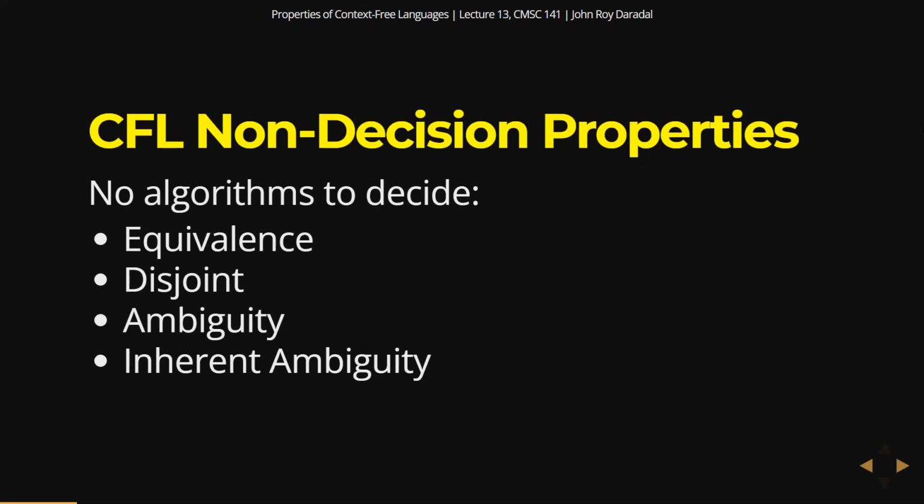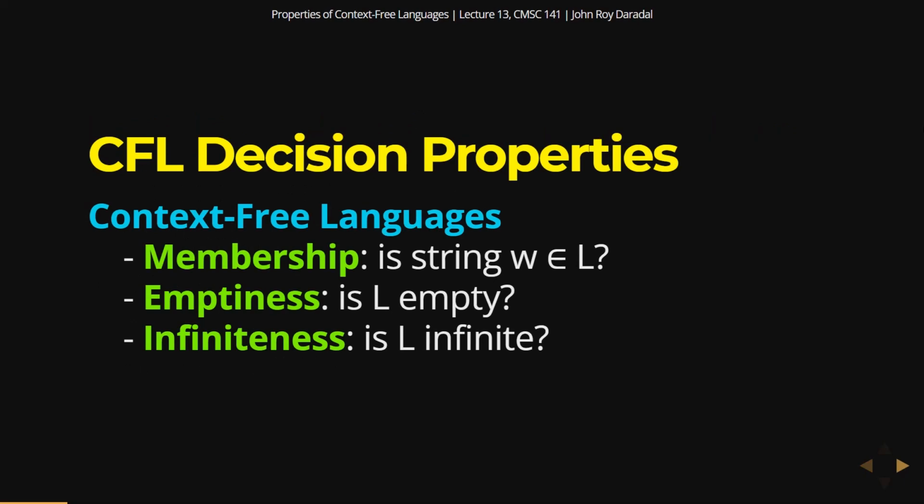There are no algorithms to decide these properties for all context-free languages in general. There could be some algorithms that work for a few context-free languages, but it doesn't work for all context-free languages, so it cannot cover everything. Only these three have algorithms to actually decide if the property holds true for all context-free languages.